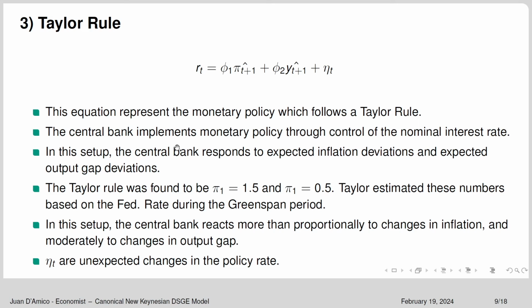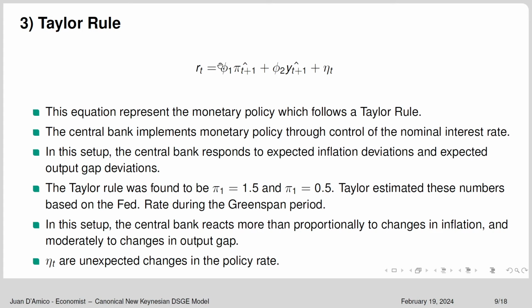Now, central banks implement monetary policy through control of the nominal interest rate. In this setup, the central bank responds to expected inflation, and also they are responding to deviations in the expected output gap.